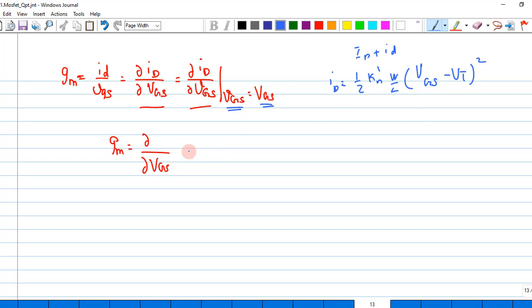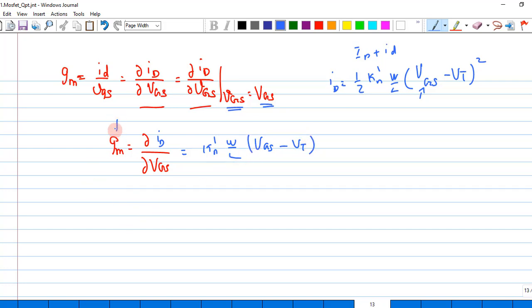So when I take the derivative of this ID, what is the term that I would end up with? The square term, because this is my capital VGS. So x square, when you differentiate it, 2x will come, right? So what is the term that you would end up with? Yeah, Kn dash W by L, capital VGS minus VT.